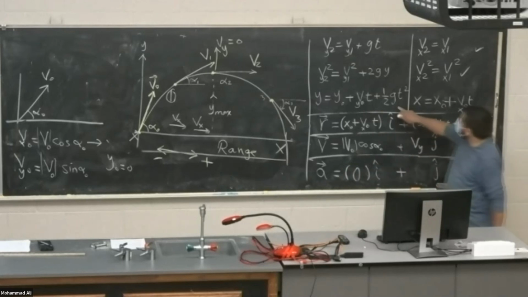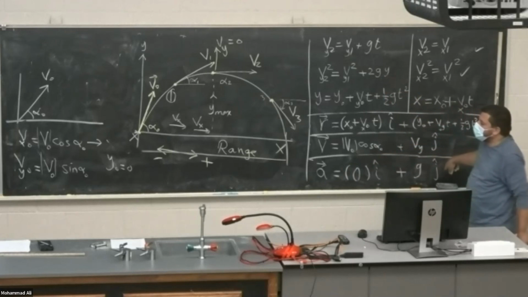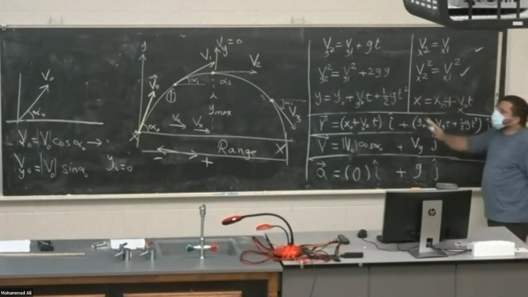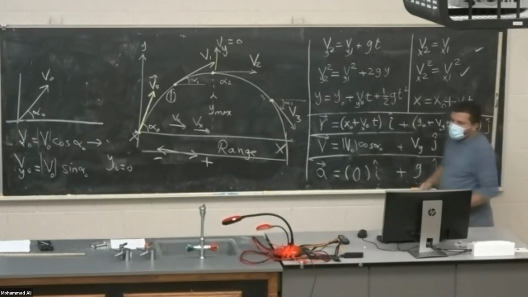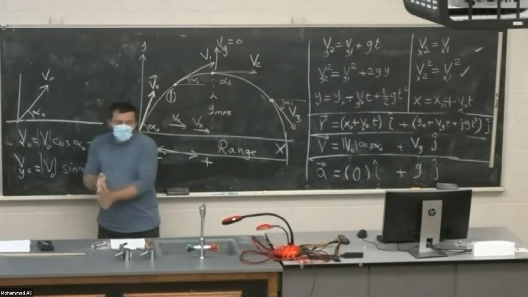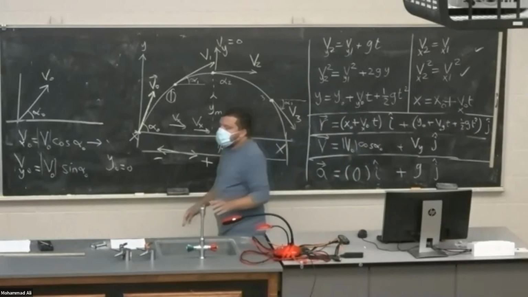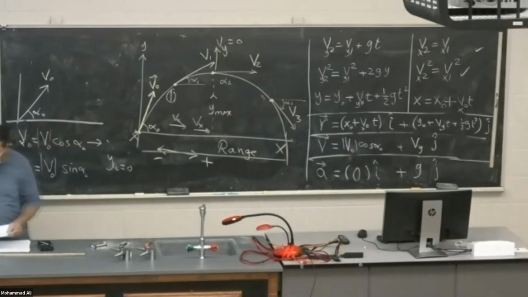In y direction, it's just g. This is the acceleration vector. We have everything to solve any problem now. Any question about projectile motion? We will start solving examples.